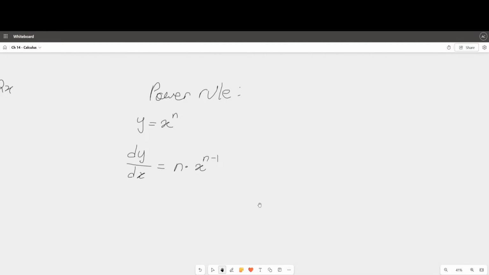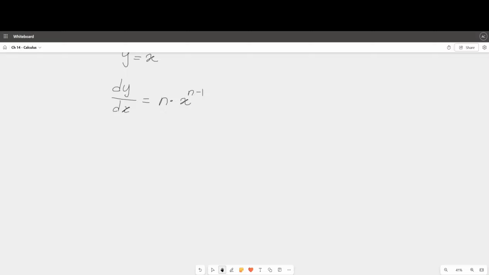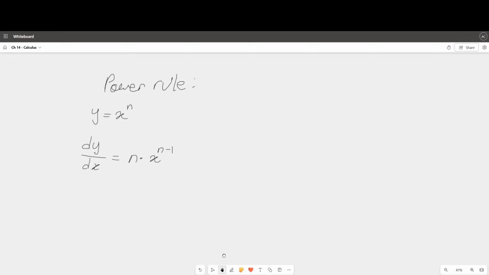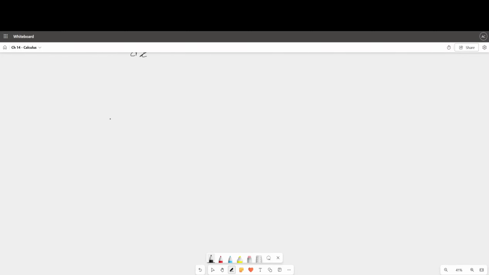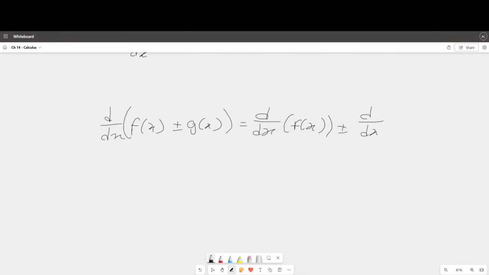Now there's a few things that we'll get to before we go into more complicated forms. But if you have, let's say, the derivative of some function f of x plus or minus g of x, well, we can just separate these out so that it becomes much simpler to compute the derivatives.